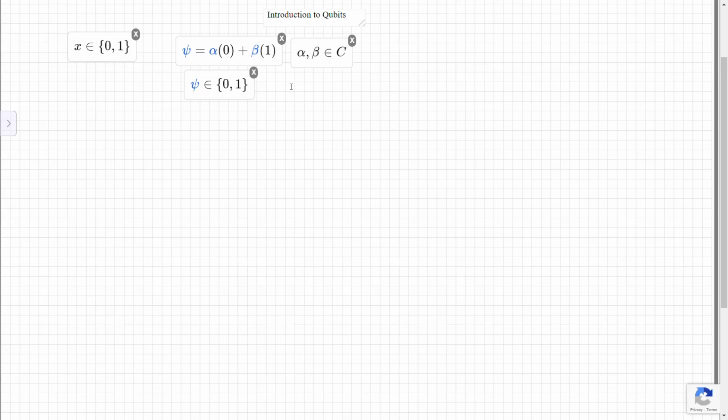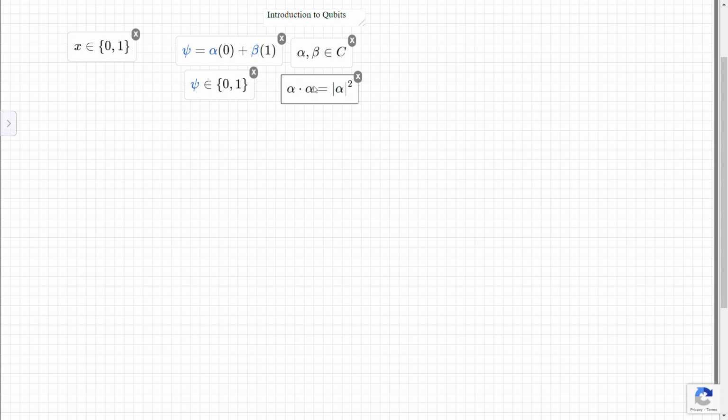The second thing that I wanted to let you know is that if you multiply alpha with the conjugate of alpha, because both are complex numbers, then you're going to get alpha squared. If you have a basic understanding of complex numbers, you know why this is true.